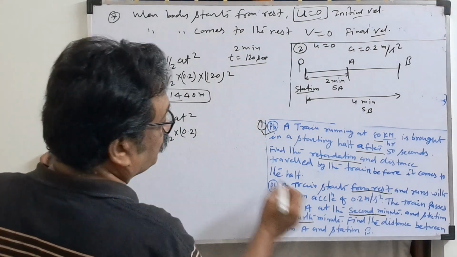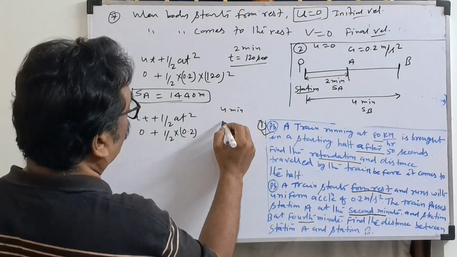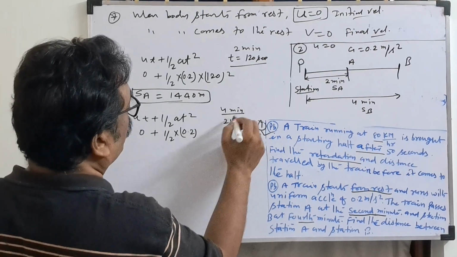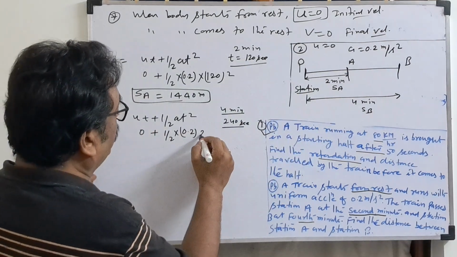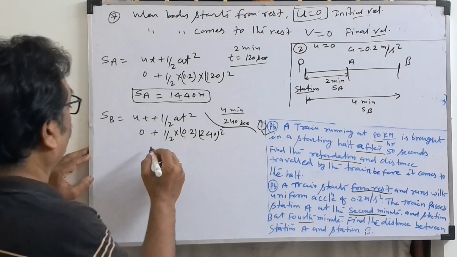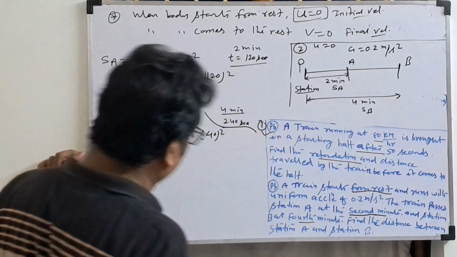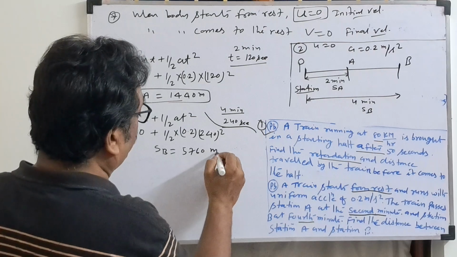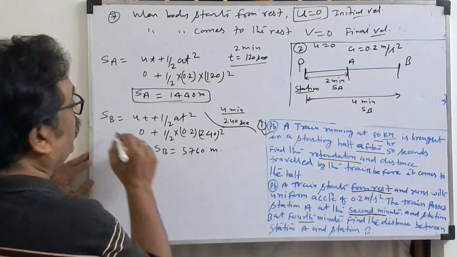T square means 4 minutes, which means 4 into 60, 240 seconds. So you write 240 whole square. If you calculate, SB will come to 5760 meter. We are getting the distance from P to B.